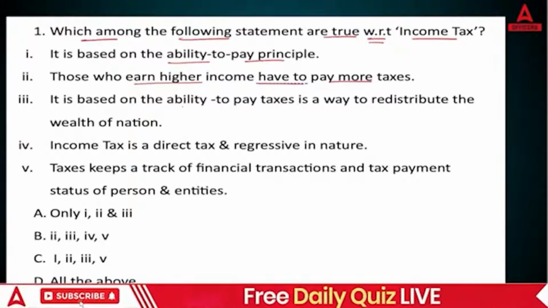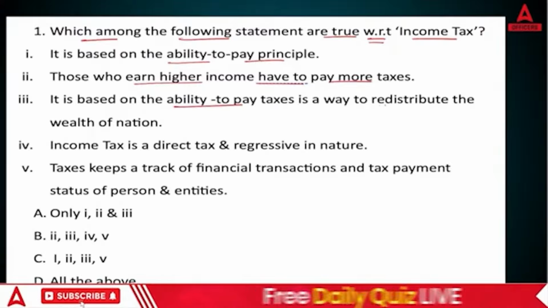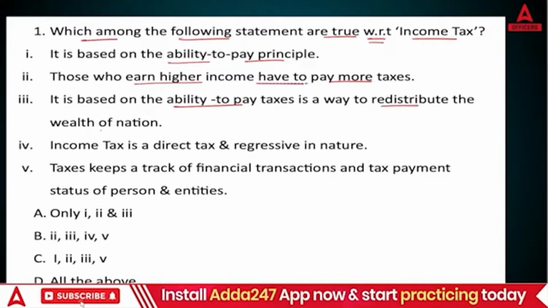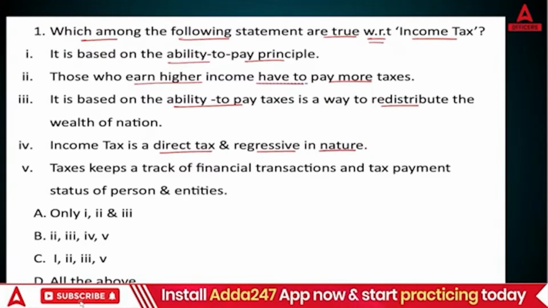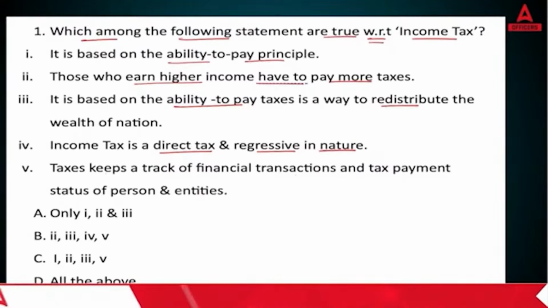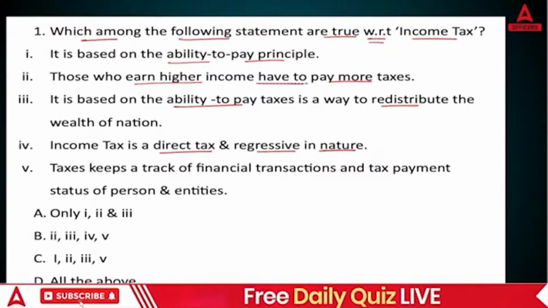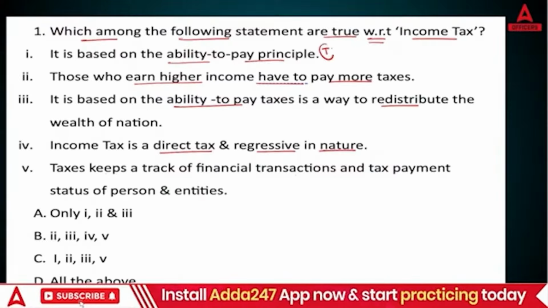Third, it is based on the ability to pay taxes, which is a way to redistribute the wealth of the nation. Fourth, income tax is a direct tax and regressive in nature. Fifth, it keeps a track of financial transactions and tax payment status of persons and entities. Now you need to identify which option is correct here. It is based on the ability to pay principle. This is a true statement.